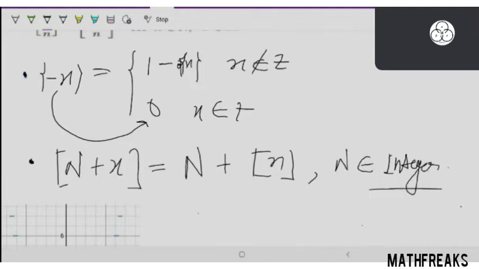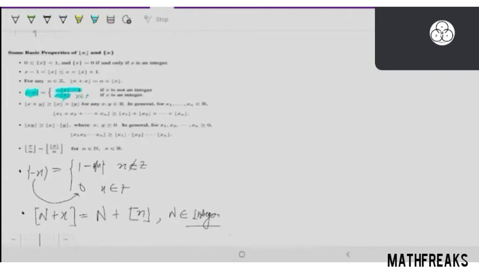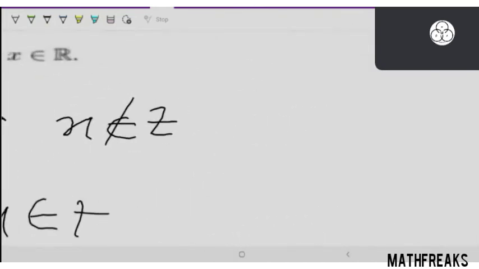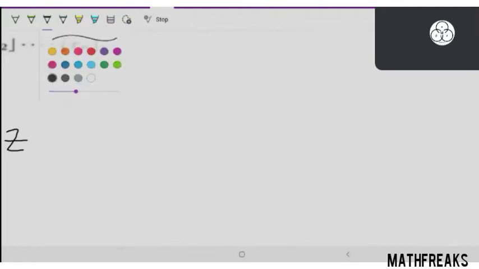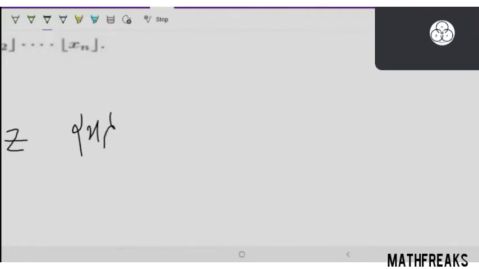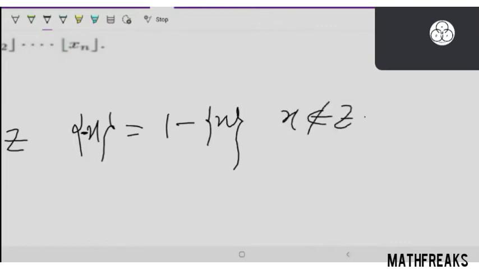This property is very important. Based on this kind of simple properties, questions can be asked in any Olympiads. Here another important thing from this property: minus x plus 1 minus curly x, we can get minus x, if x does not belong to integers, then it equals 1.